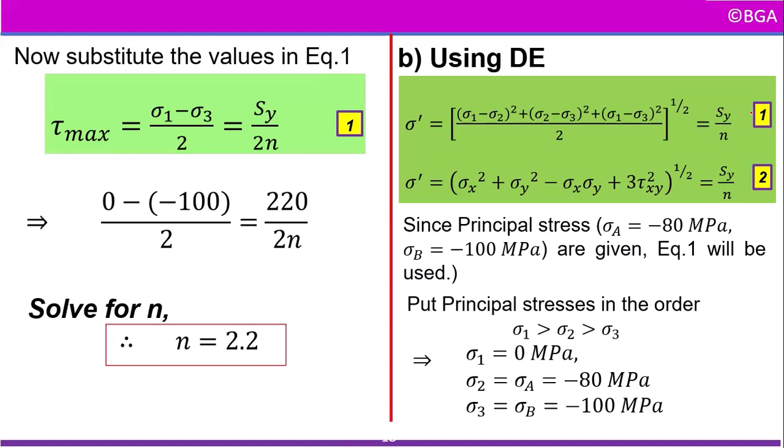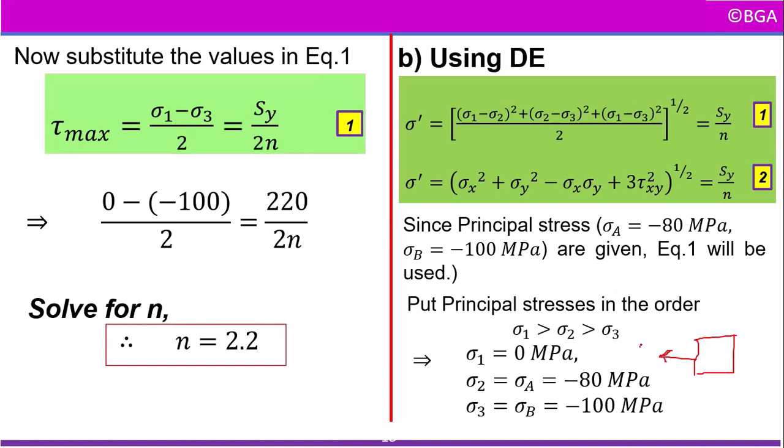Here it's clear that equation 1 is applicable because the given stresses are all principal. As usual, you always need to order your stresses in increasing order: sigma 1 greater than sigma 2 greater than sigma 3 for a three-dimensional stress state. For plane stress, one of the three is going to be 0.